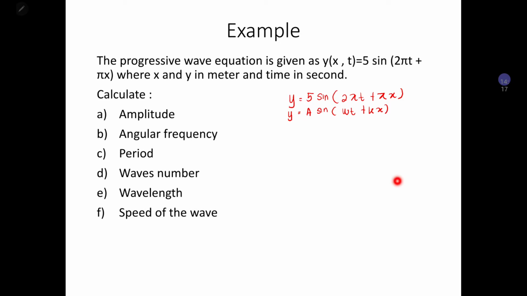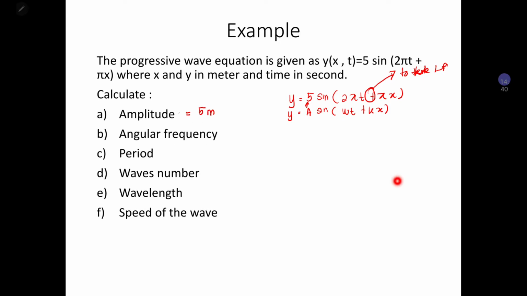Okay. Firstly, tengok simbol. Ini simbol plus, means that wave ni adalah propagate to the left. Alright. So, the first one, amplitude. Okay. So, amplitude, comparekan je dengan equation. So, amplitude is equal to 5 meter.